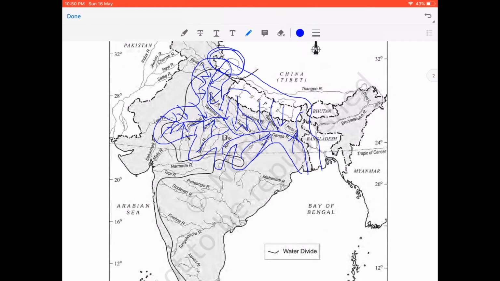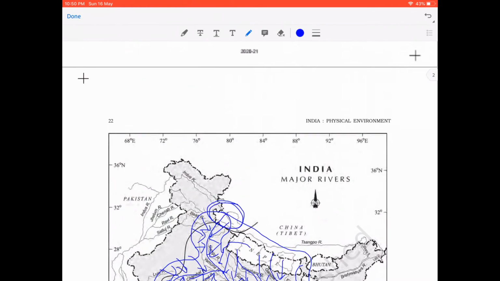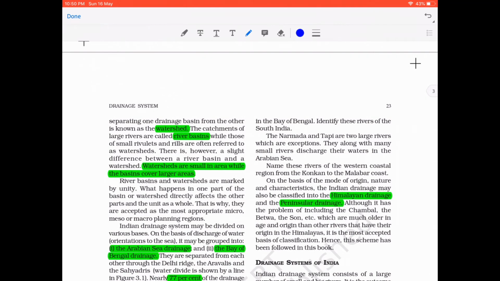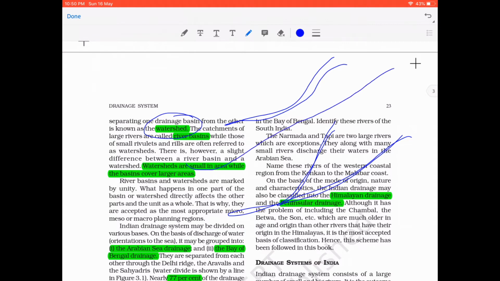Now let us see about watersheds and river basins. If you consider this is one main river and one more river is over here, connecting like this, there will be a ridge point, which is an elevated point that divides these two catchment areas.